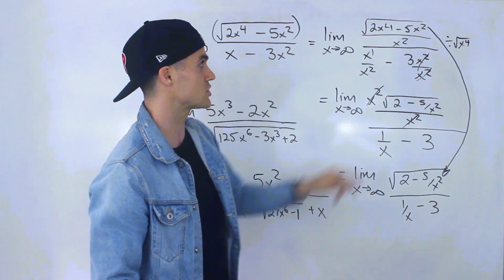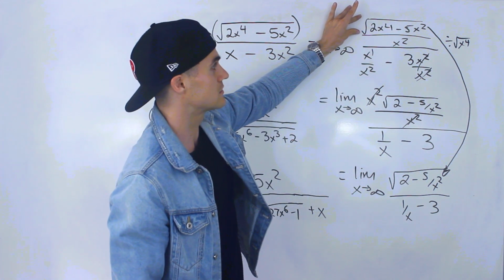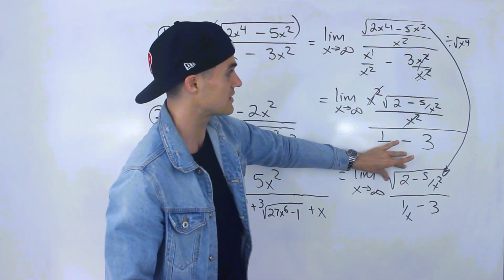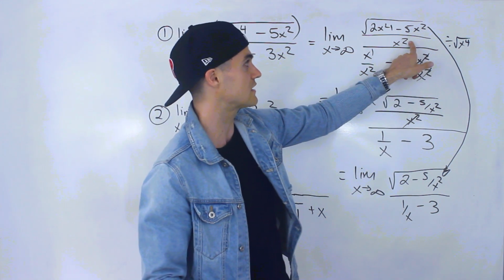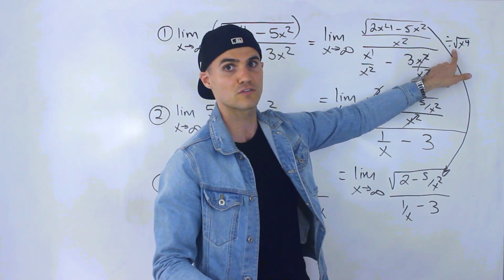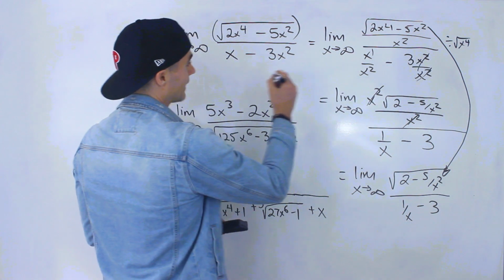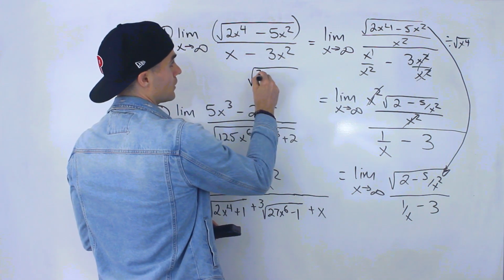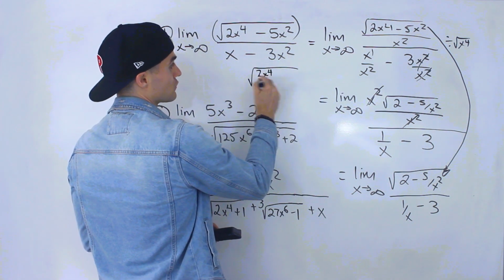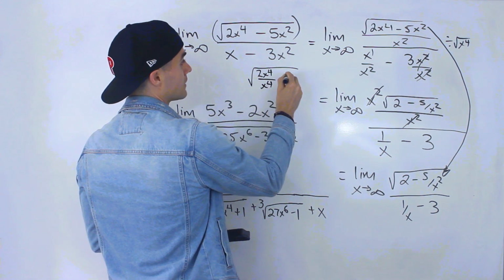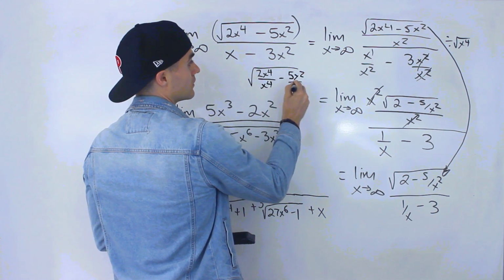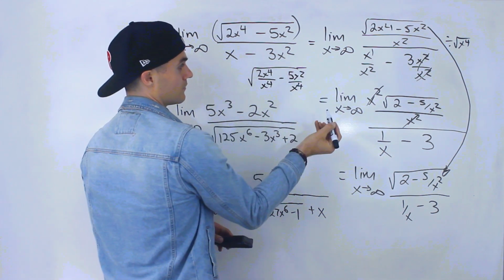So I wanted to mention that sometimes profs, some textbooks will go to here using a different method. Instead of dividing by x squared, they'll be dividing by x to the 4. And so what that allows you to do is under the square root, it allows you to divide the 2x to the 4 by x to the 4 and minus 5x squared by x to the 4.